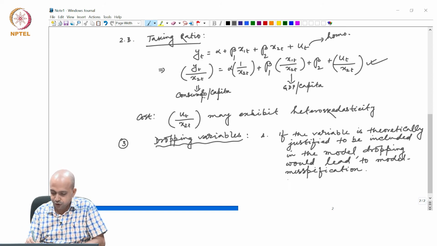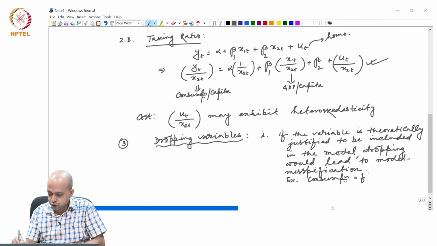For an example, we can say that consumption is actually a function of both income and wealth.